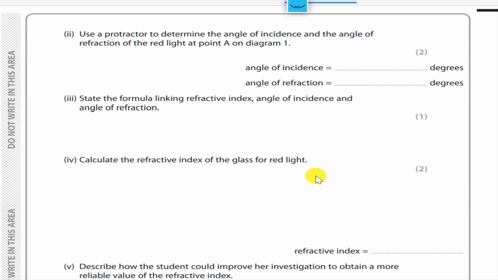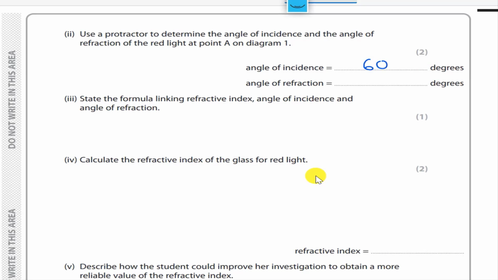Now use a protractor to determine the angle of incidence and the angle of refraction of the red light at point A on diagram 1. Angle of incidence is 60 degrees and angle of refraction is 31 degrees. State the formula linking refractive index, angle of incidence and angle of refraction.